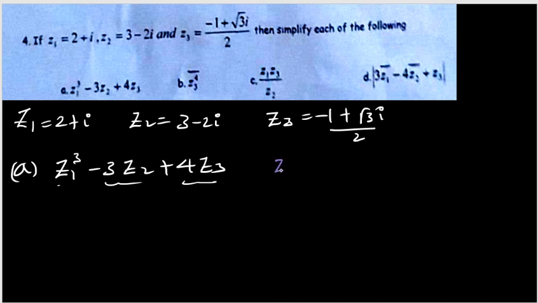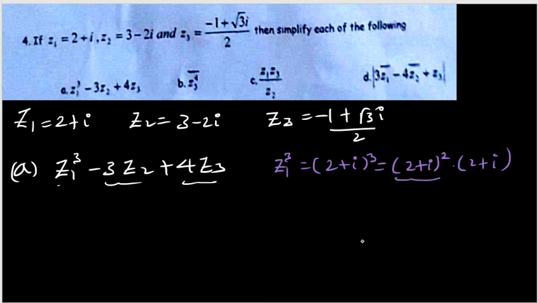Z1 cubed means the same as 2 plus i cubed, which is 2 plus i squared times 2 plus i. 2 plus i squared alone will give us 4 plus 4i minus 1, times 2 plus i.